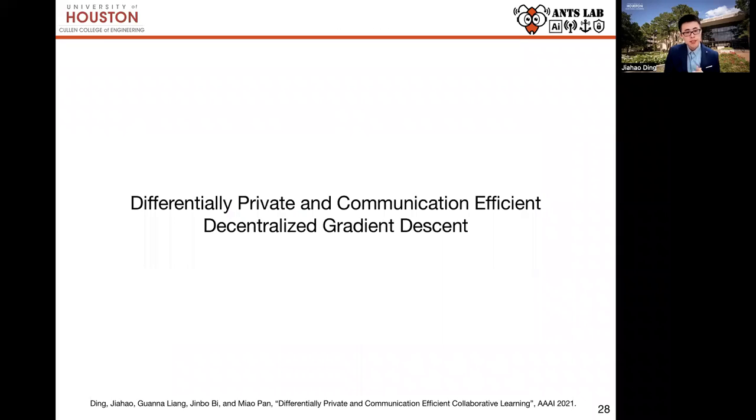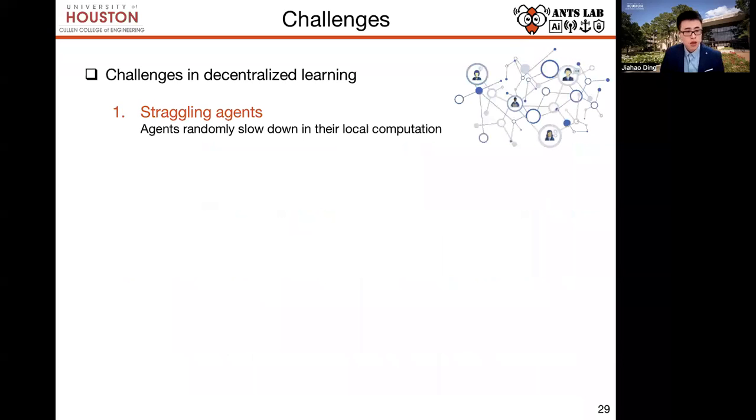Next, I will introduce my second work focused on differentially private and communication efficient decentralized learning. As we all know, decentralized machine learning faces 3 major bottlenecks. The first one is straggler agents. What do these straggler agents mean?